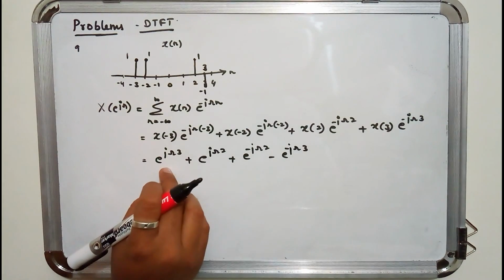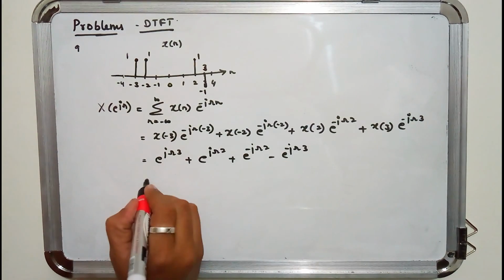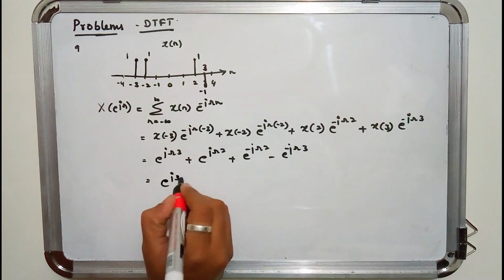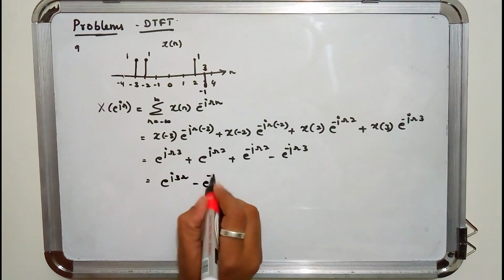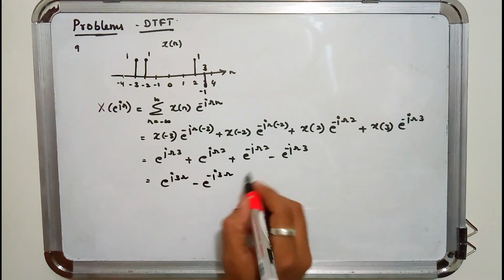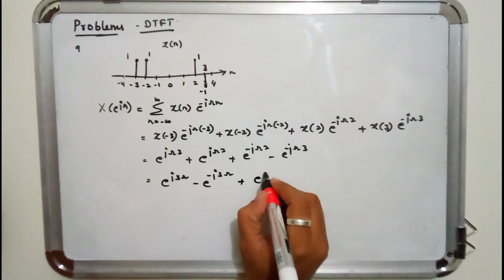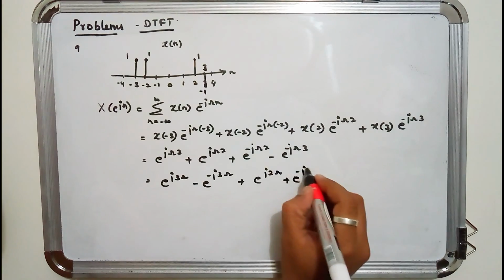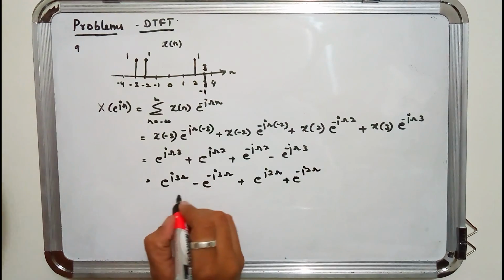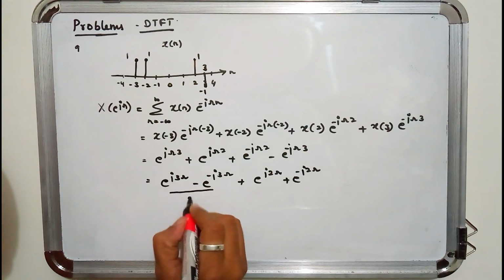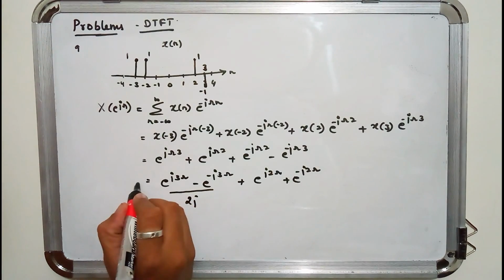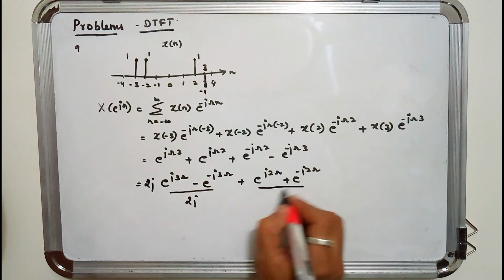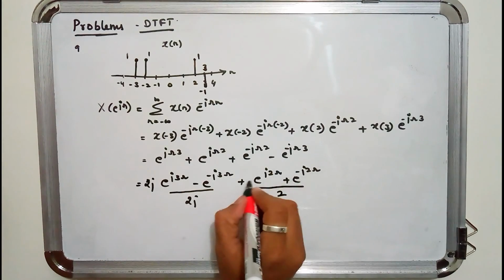So if I combine these, e power j 3 omega minus e power minus j 3 omega plus e power j 2 omega plus e power minus j 2 omega, and if I divide the first pair by 2j, I need to multiply by 2j as well, and if I divide the second pair by 2, I need to multiply by 2.